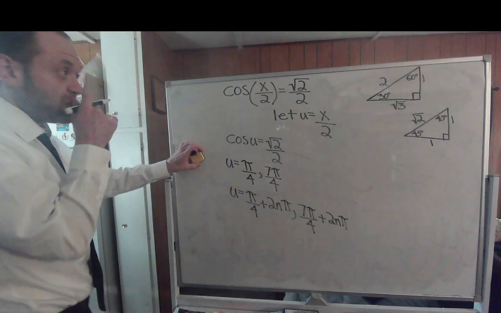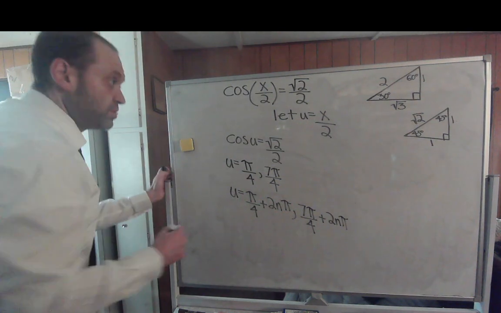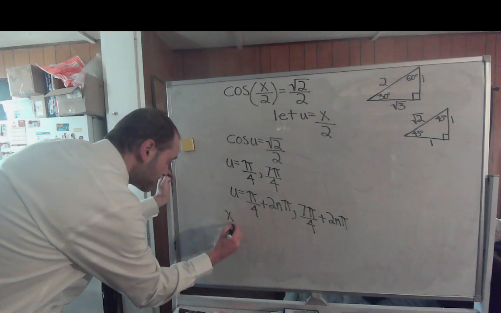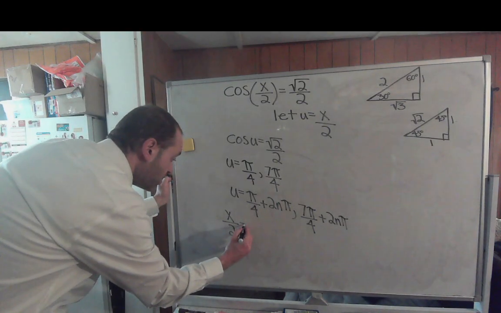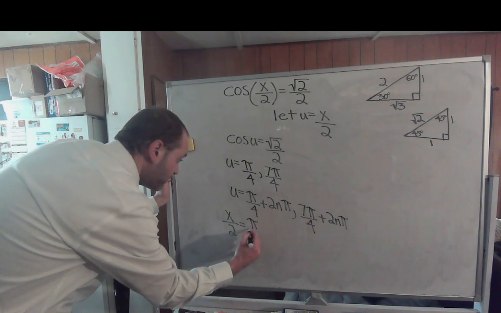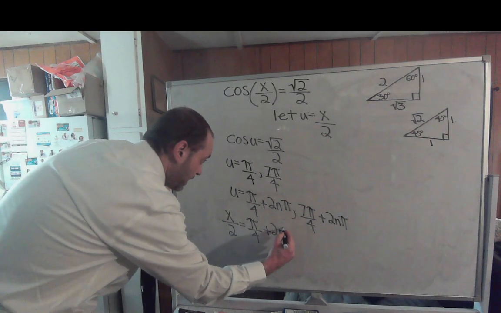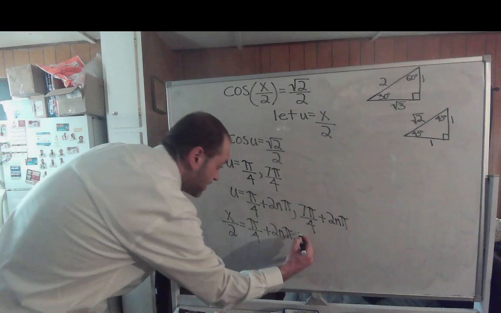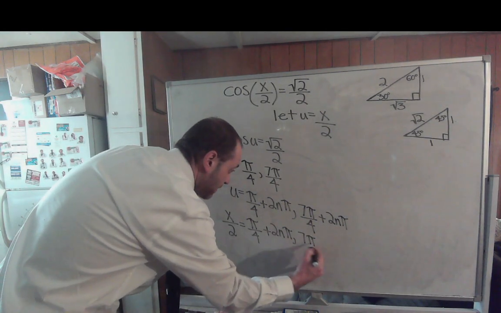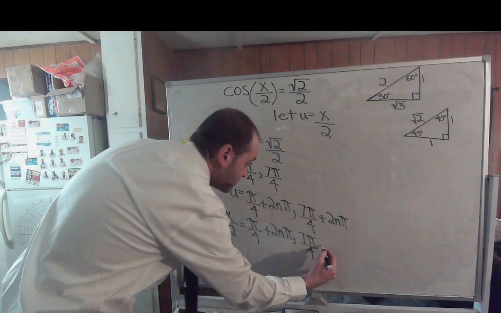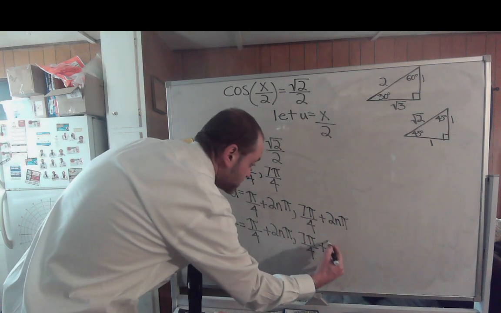Well, we got to put that x over 2 in for u now. So x over 2 would equal pi over 4 plus that 2n pi. And then it would be 7 pi over 4 plus 2n pi.